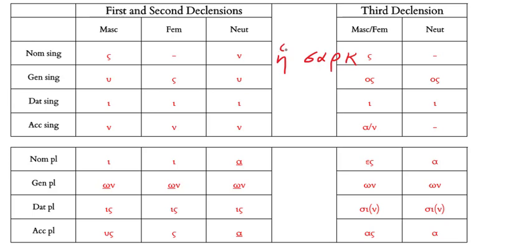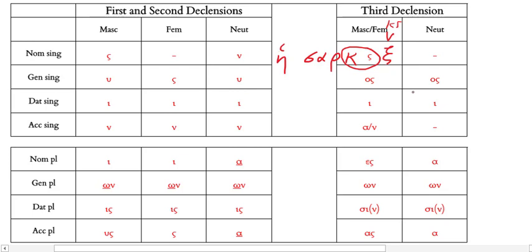We have a slight consonant change, and the kappa sigma is going to become a xi. So you're not going to see the sigma case ending all the time. It's going to sometimes be obscured by the consonant we have here, where this is a combination of a kappa and a sigma.